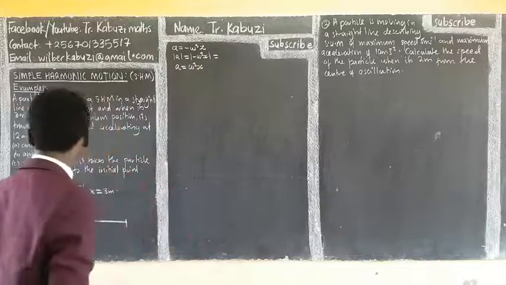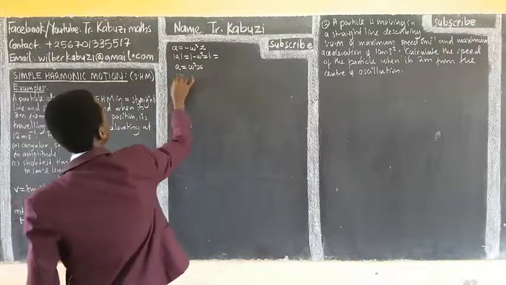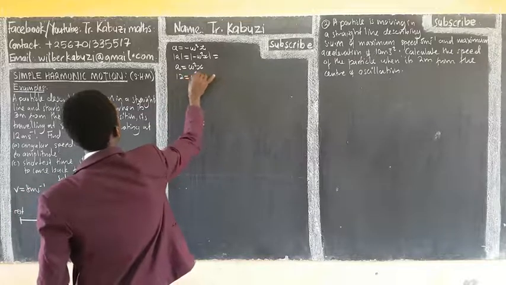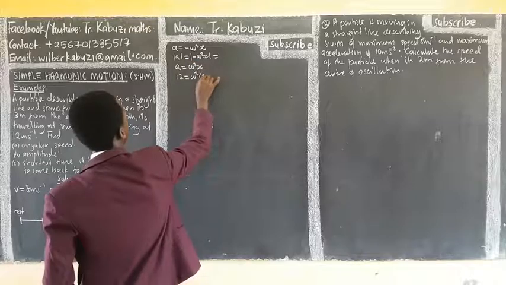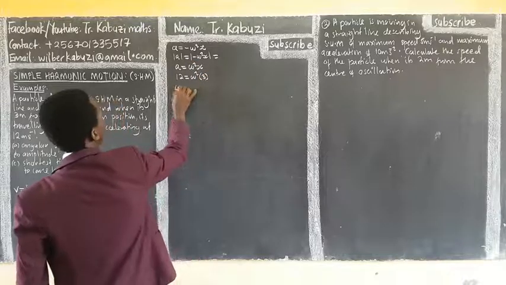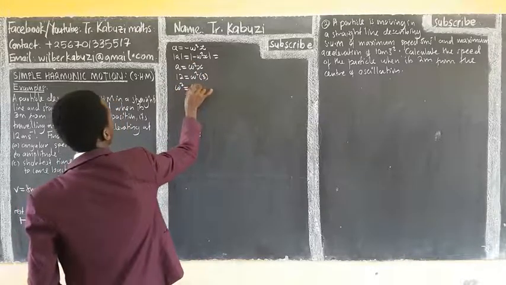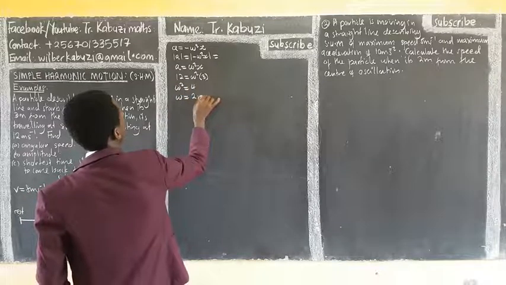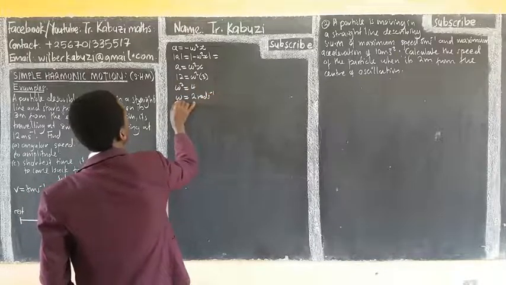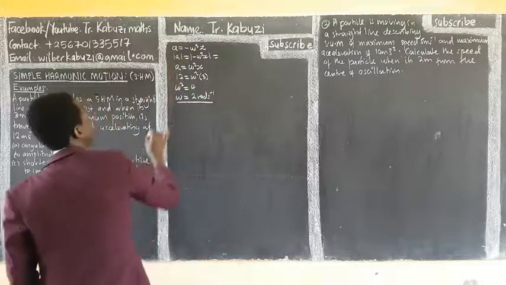So they're giving us the expression as 12 equals omega squared times 3. So from here, our omega squared is going to be 4, and so our omega is going to be 2 rad per second. So this is our part A.